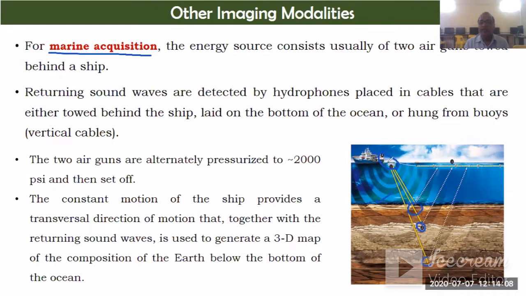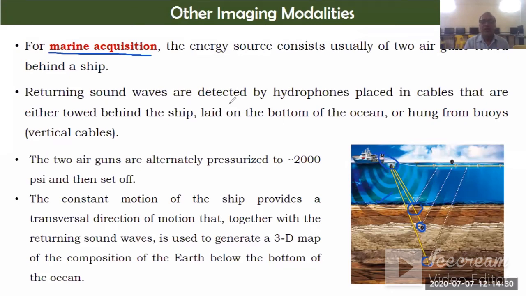For example, suppose this sound wave is passed to here and after that it returns here. Obviously it requires more time than these two. Based on that, they can identify which type of minerals, which type of oil, or the location of the oil, where the oil is available. So all this information will be found.